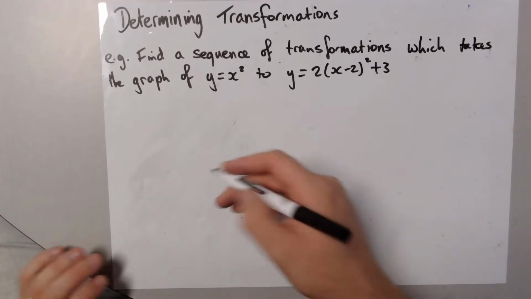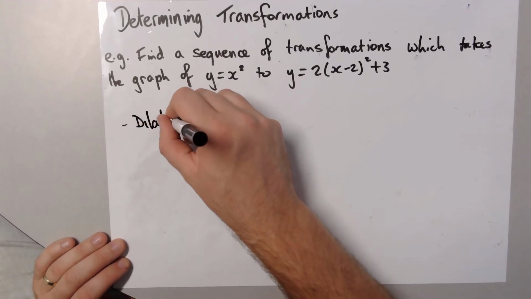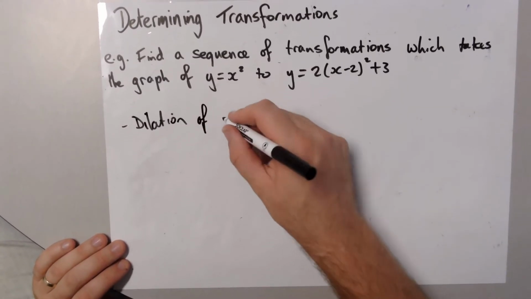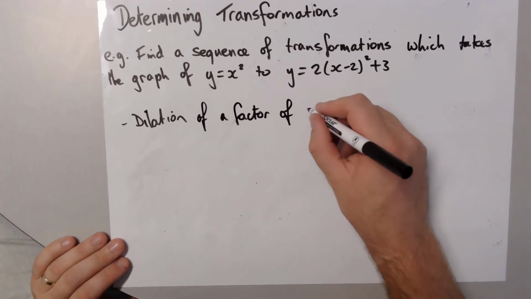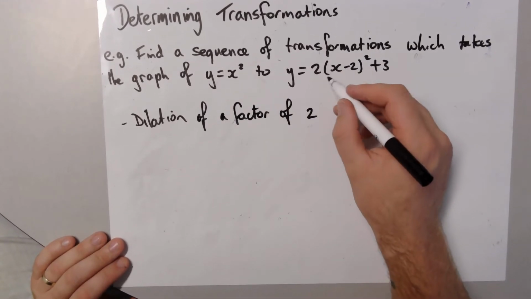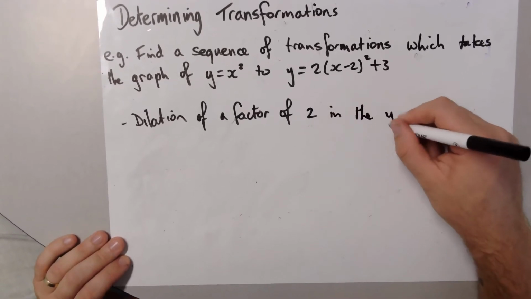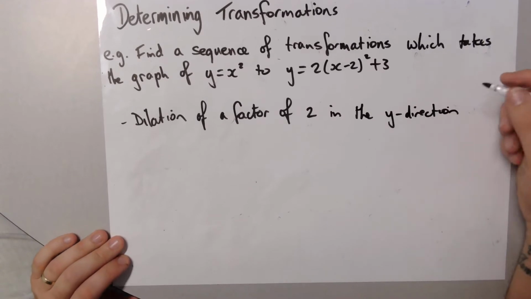Well, we can see there's been a dilation of a factor of 2 because it's outside our brackets, in the y direction. Why do I know it's the y direction?